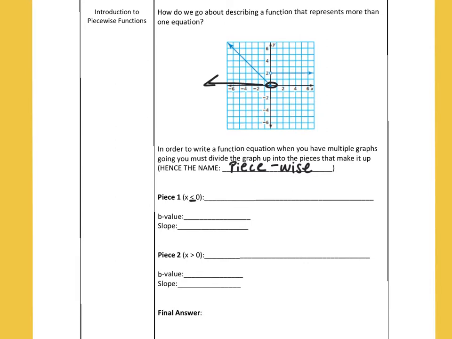Okay, so I'm going to erase that. What we're going to do is we need to find the equation of this line. So the first thing it asks me, what is the b value of that line? What is a b value? So in y equals mx plus b, b is just our y-intercept, okay?